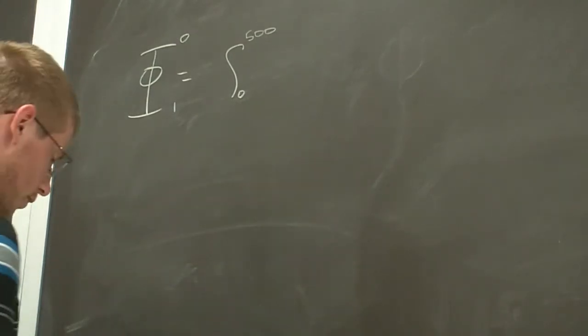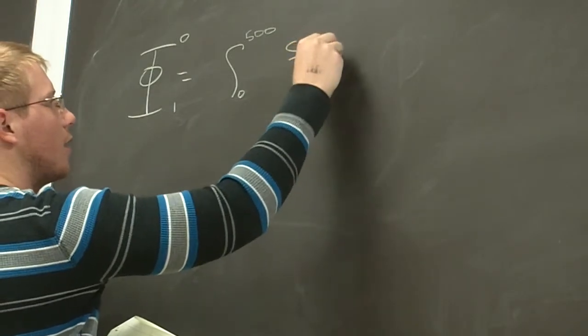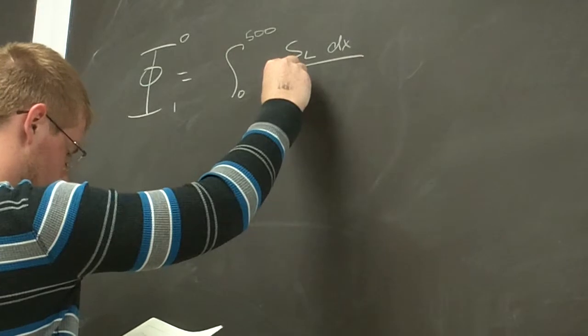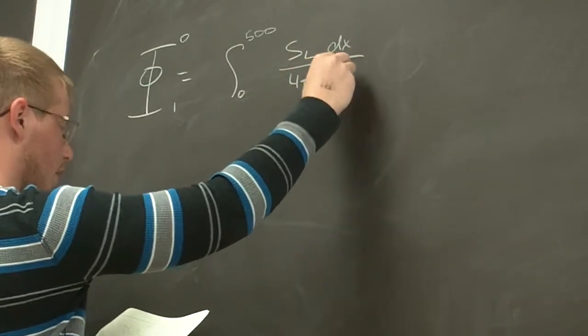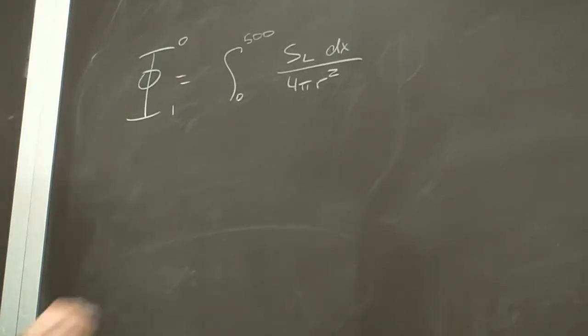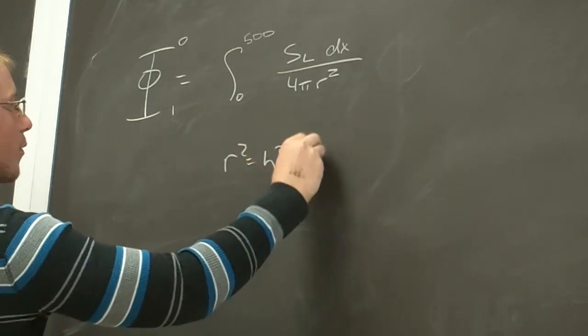So from 0 to 500, we're going to have geometric attenuation. SL is our line strength, dx, over 4 pi r squared, where r is whatever distance you are away from point C. So r is a function of x. R squared is equal to h squared plus x squared.